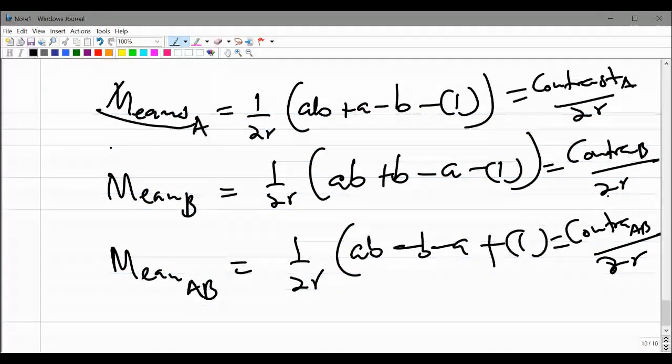When we started the question, I said the levels are either at high level or at low level. Sometimes instead of using high and low or using the signs, we can use the numbers.